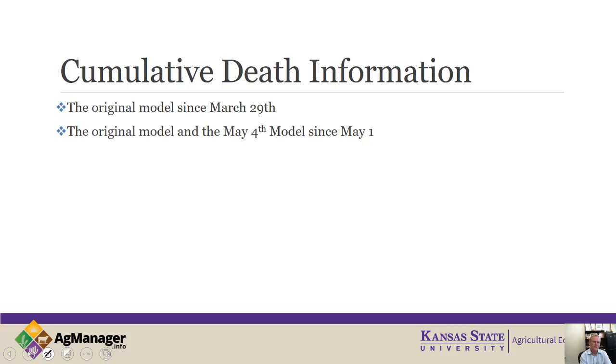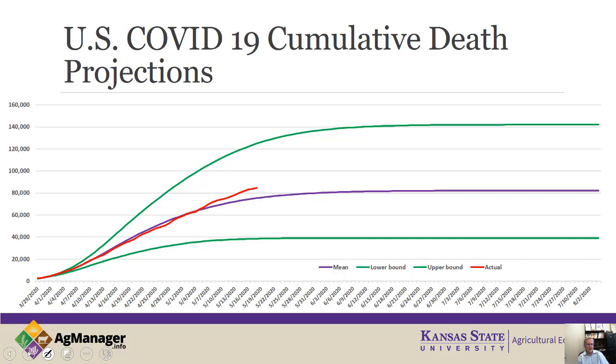The next thing we'll do is look at the cumulative death information. This is going to look at the original model since March 29th, and then the original model with the May 4th update since May 1. We'll do that and show the difference there. I think once we start going over there, it'll be somewhat clear what we're looking at. And then we'll jump through the states.